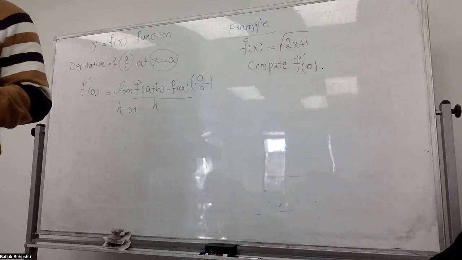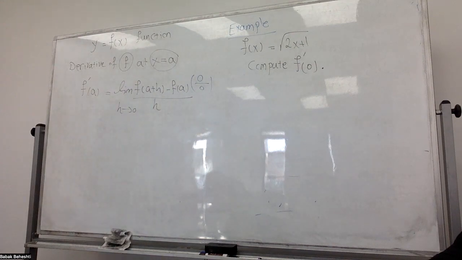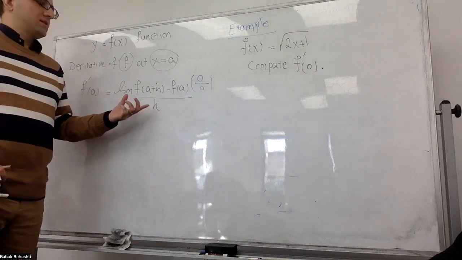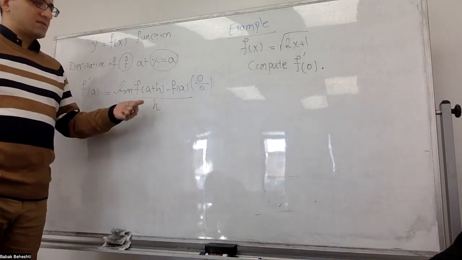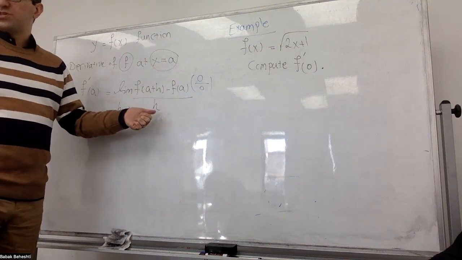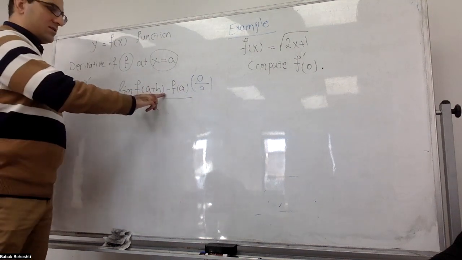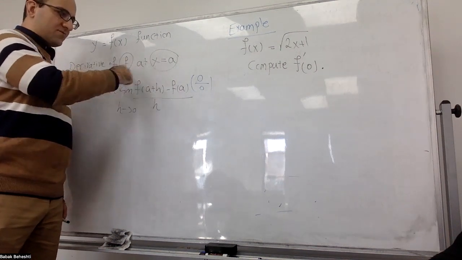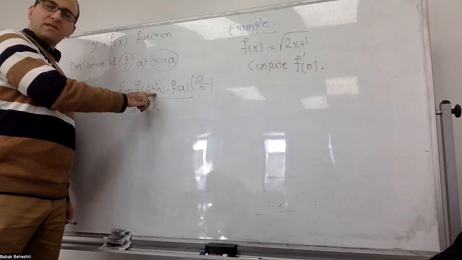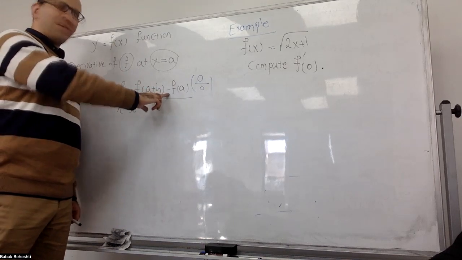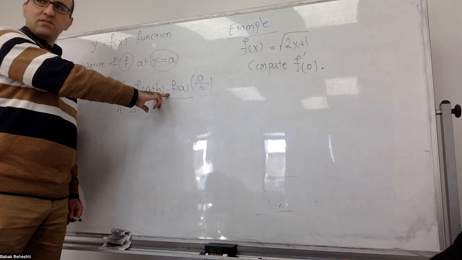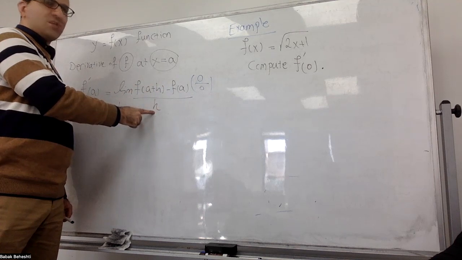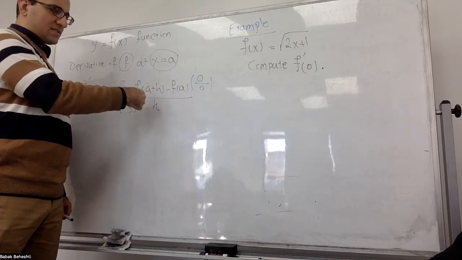So before doing this, let me tell you another important thing. The derivative basically indicates the rate of change of a function. Because you see this fraction, look at this fraction. The numerator is the change in the value of f when it goes from a to a plus h, and this is the change in x values.